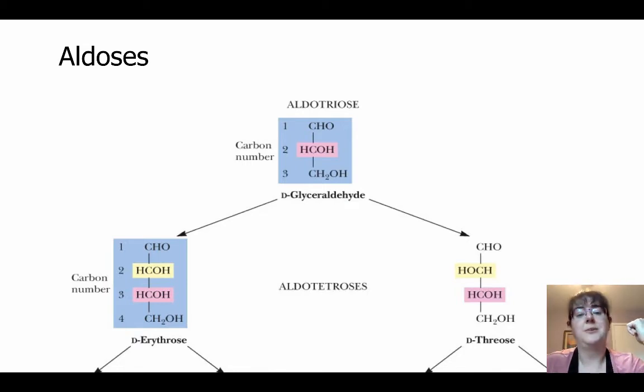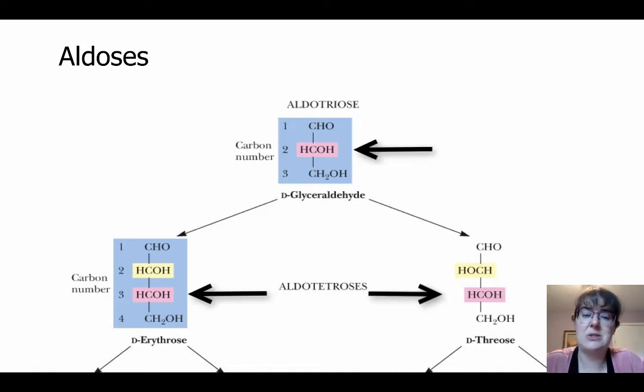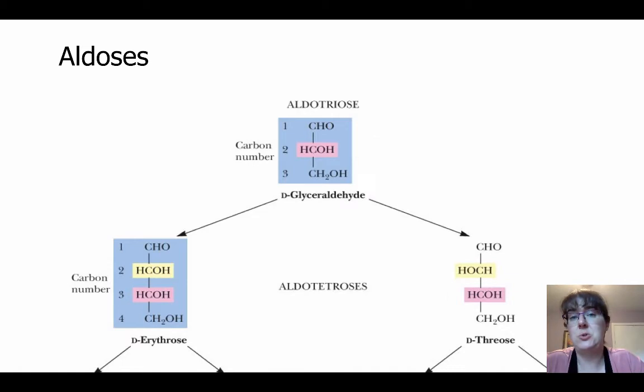So starting to talk about aldoses, when we look at these, they basically start to form these really interesting trees. What we can do with this is talk about stereocenters. If you look, that one carbon highlighted in pink is going to maintain the same stereochemistry. As we add additional carbons, we essentially add another stereocenter. Every time we add a carbon, you're going to have another opportunity to have a different stereochemistry.